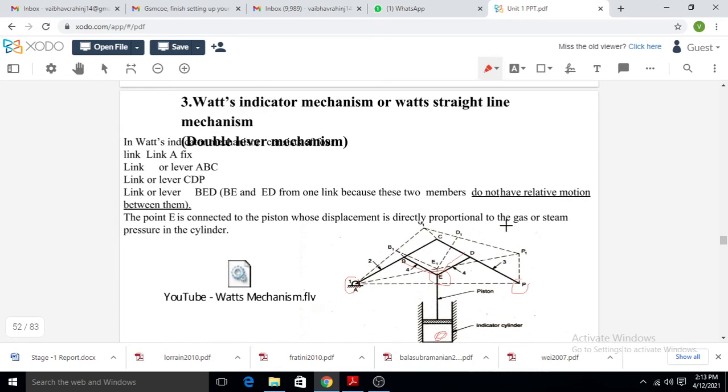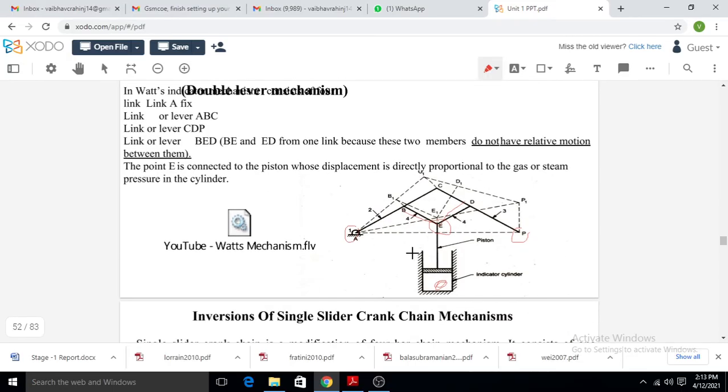That's why it is called a Watt indicator or Watt straight line mechanism. Here the indicator link is fixed, and due to the pressure inside the cylinder, this point E will move, and as E moves, this point P will move up and down, but the motion of the point P is approximately a straight line.